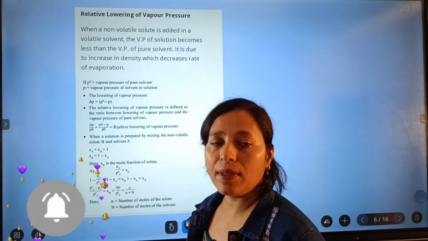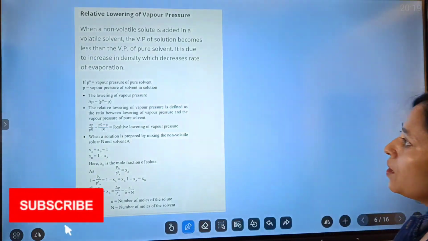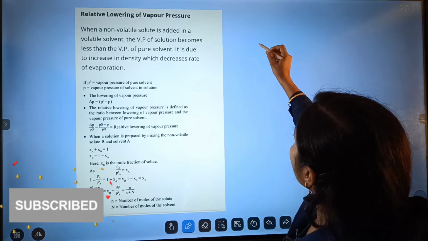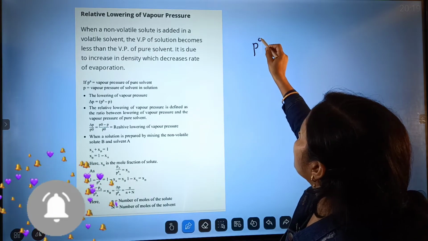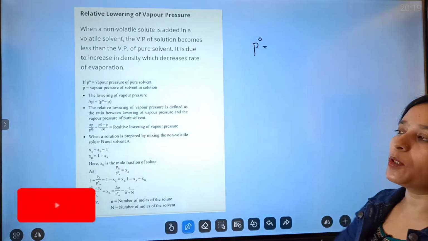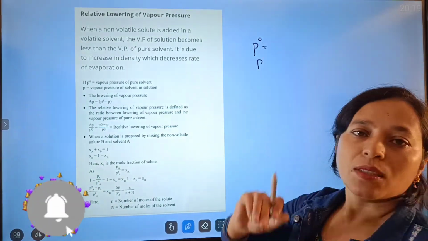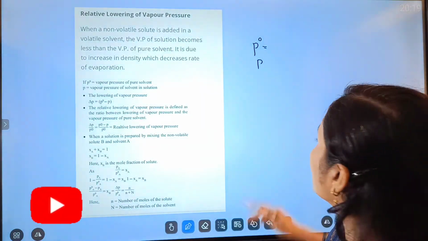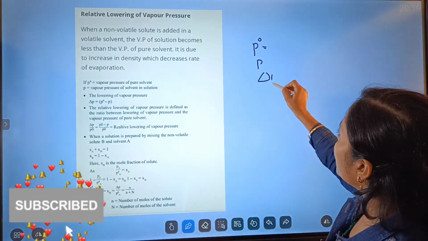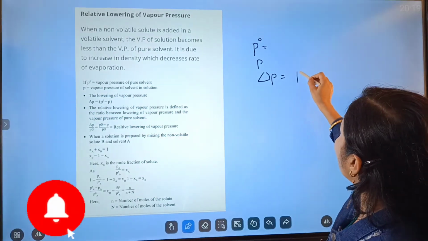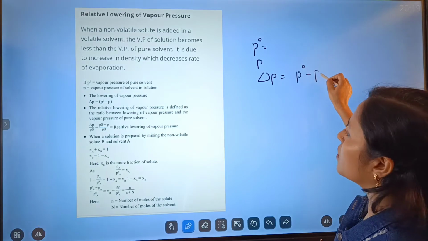Now how can we derive it according to Raoult's law? P naught is the vapor pressure of the pure solvent, you know. P is the vapor pressure of the solvent in solution. So the lowering will be P naught minus P. Okay.